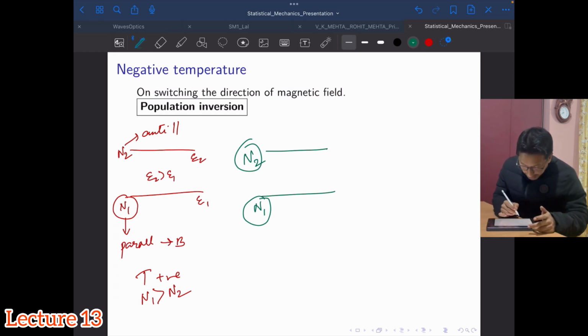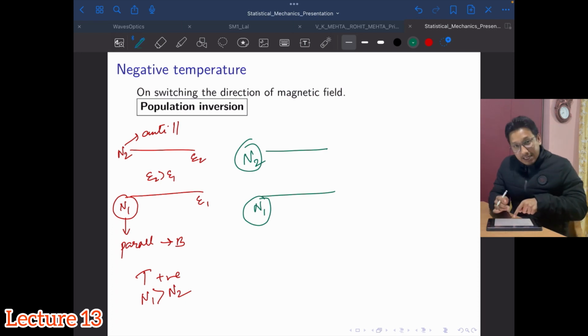If I draw on the scale where the bottom, the down level, is the low energy state and the upper level is the high energy state, in this case I flip the thing.